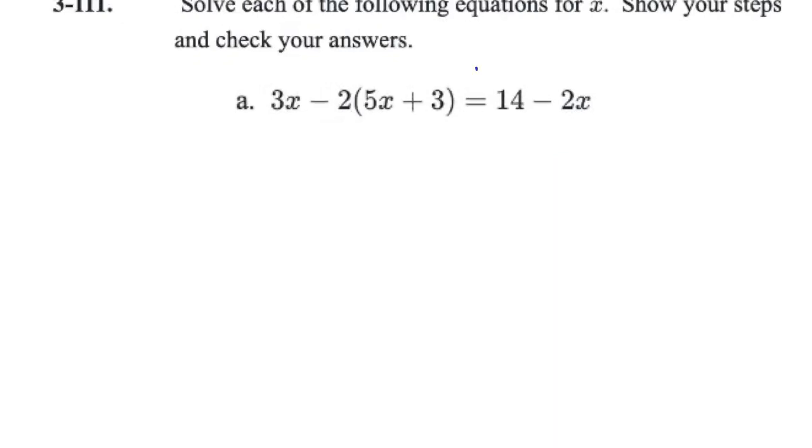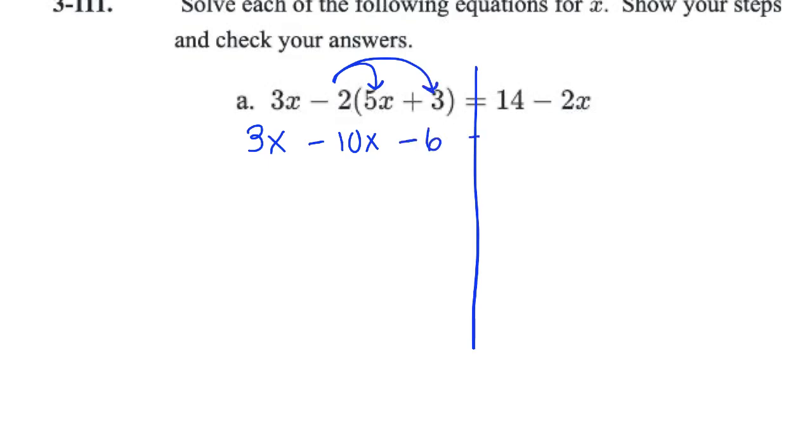So here is my problem that I'm going to solve here. I still have my 3 x's. When I flip up 2 piles of 5 x's, I have negative 10 x's. And when I flip up 2 piles of 3, that would be a negative 6.